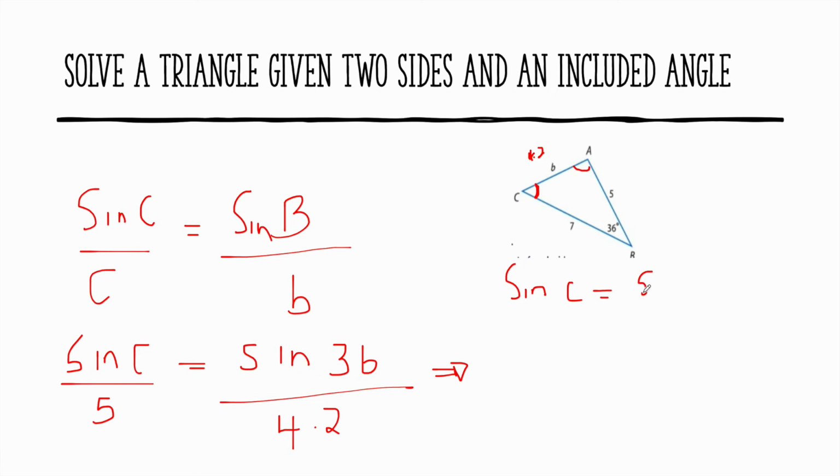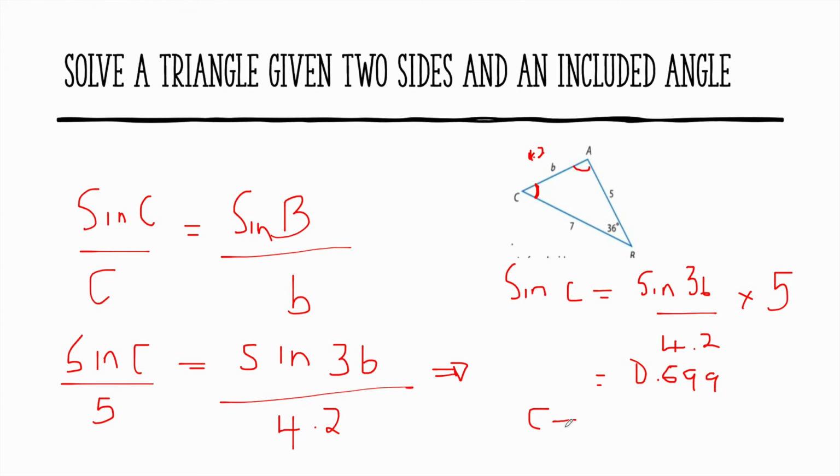Like sine, you put sine 36 divided by 4.2 multiplied by 5, because we multiply both sides by 5 to get rid of the denominator. So now this will give us 0.9699.